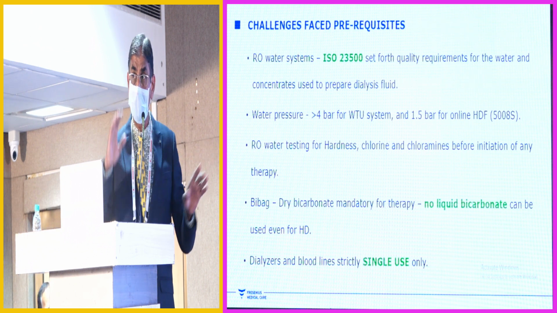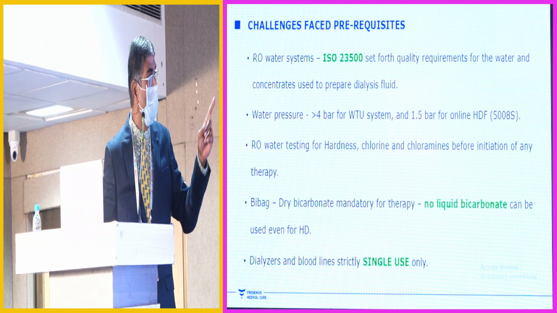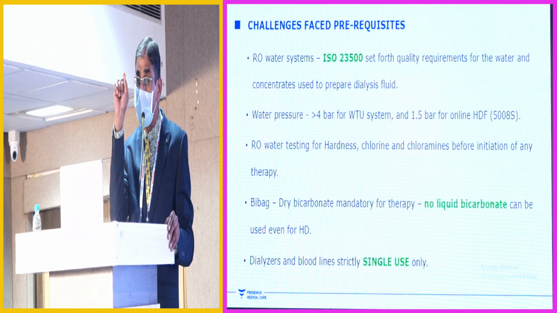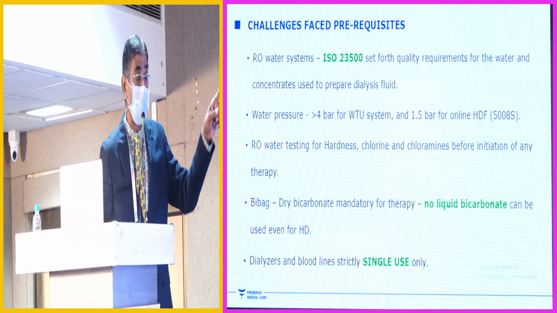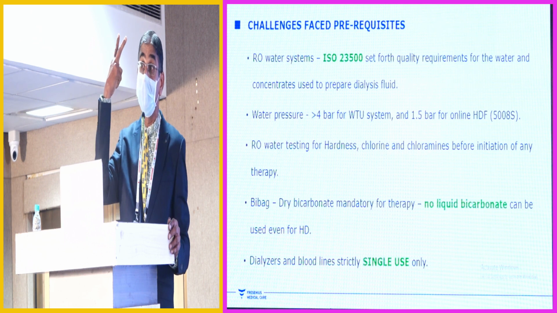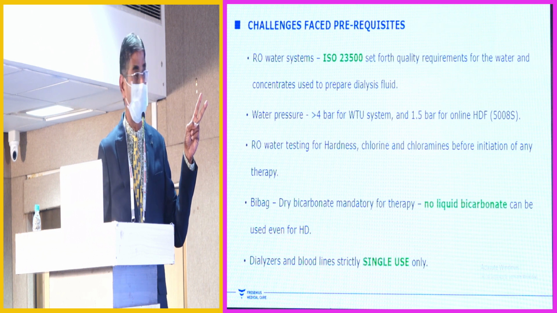And you need to ensure the water pressures are exactly maintained. As Professor Loba had already mentioned, you need to have 1.5 bar; even a 0.1 deviation, and the machine will give you a water pressure alarm, because there are 2 pumps running in parallel: one is the dialysate pump, one is the substitution pump.